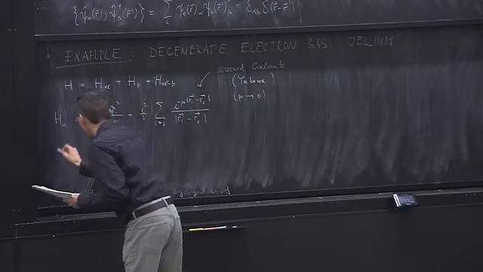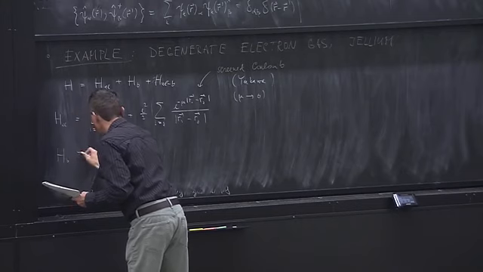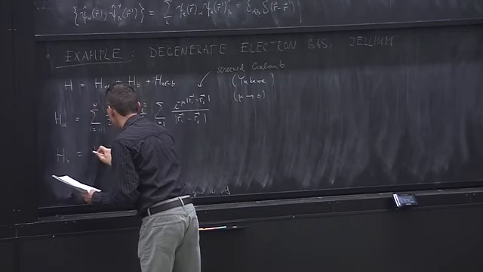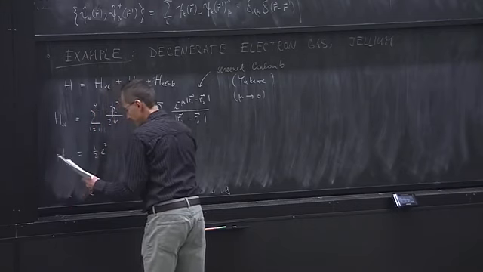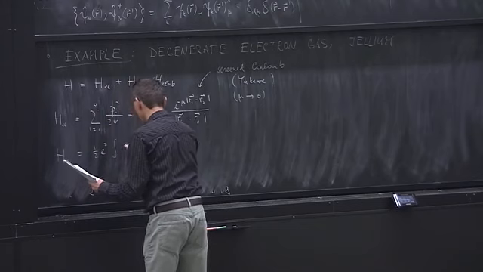So this H background is simply the electrostatic energy of the uniform background.